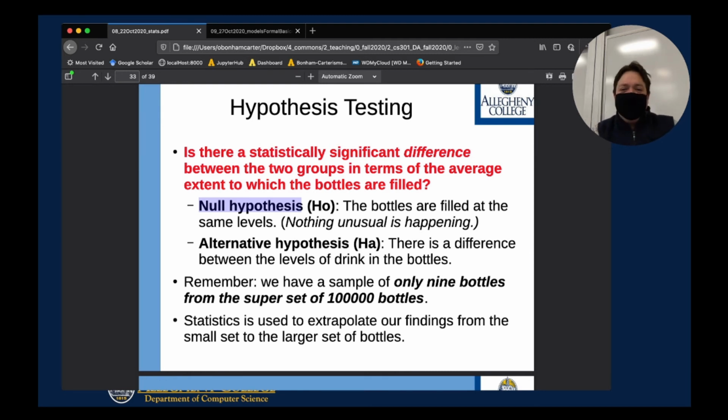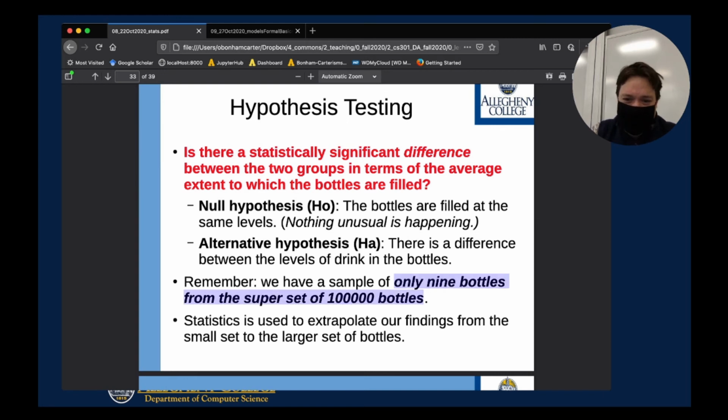So now we have to figure out how we're supposed to actually work with this test. Another thing I should talk about is, remember, we only have 9 bottles from a superset of 100,000 bottles. And this is important because you might run this test several times. For this reason, you might design a function, for instance, that runs this test for you.